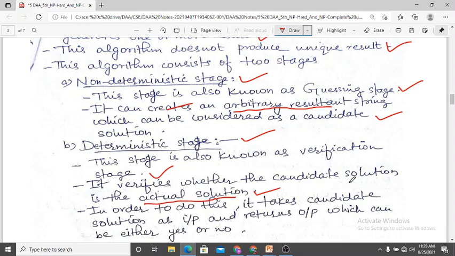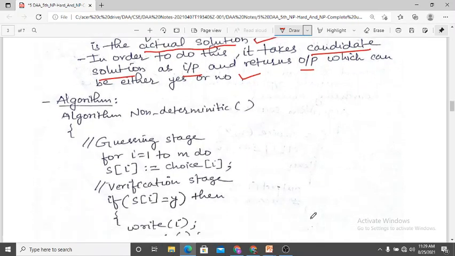In order to do this, it takes the candidate solution as input and returns output, which can be either yes or no.